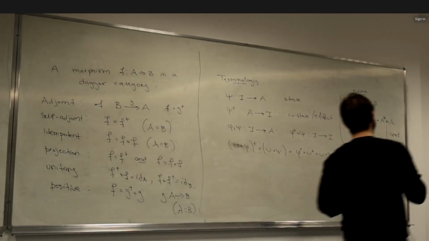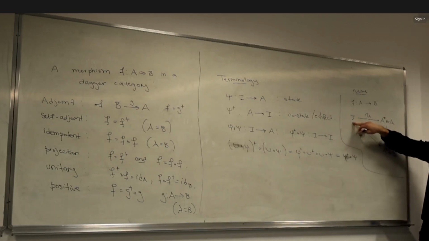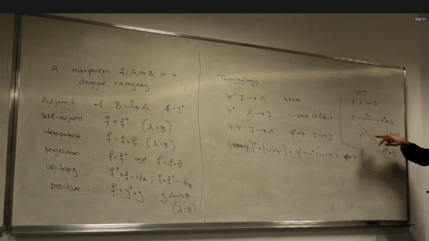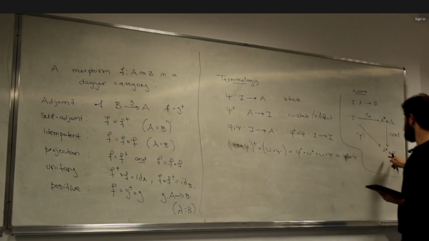And so we can interpret this kind of map from the identity to this kind of object as a preparation of a certain kind. This is a certain kind of quantum state.